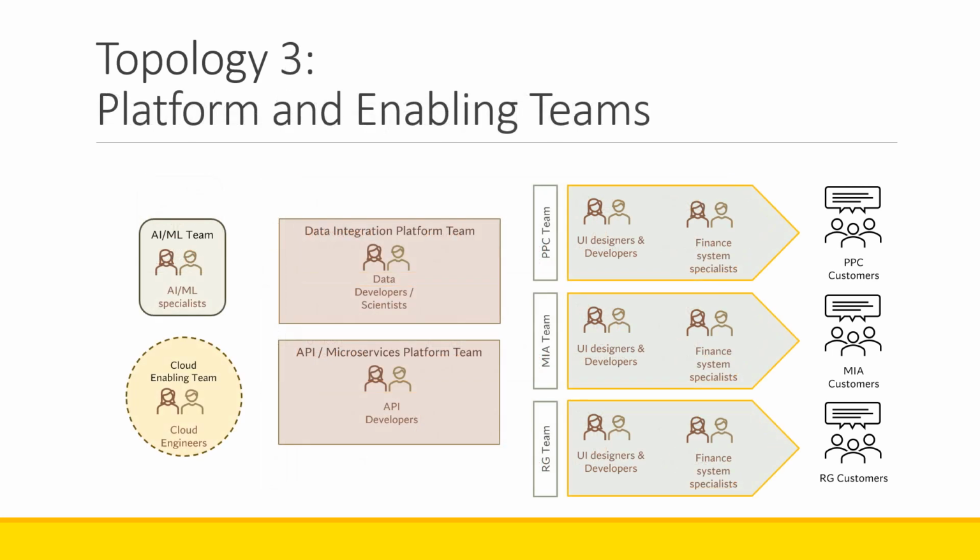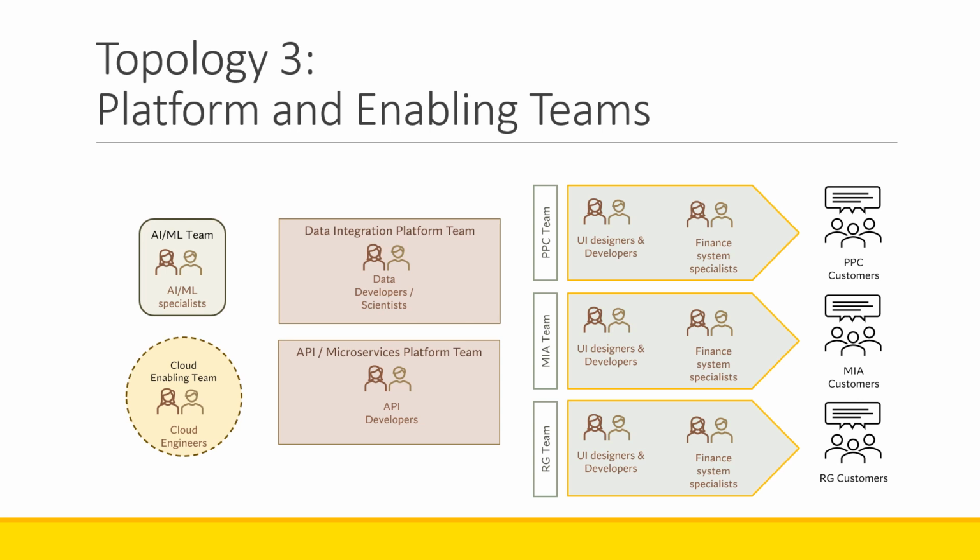Now, let's look at a more distributed topology in this third variation. So we have platform and enabling teams as the third and fourth type of team that we could consider.